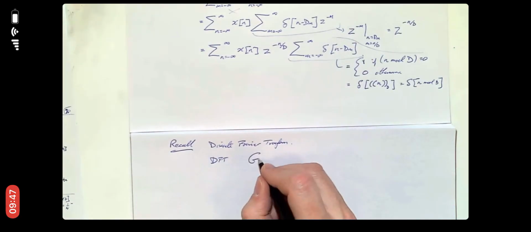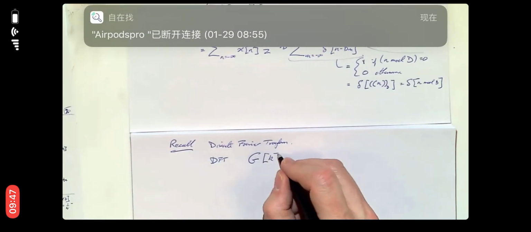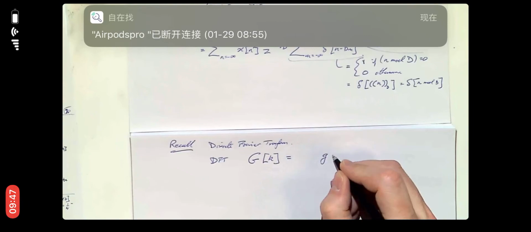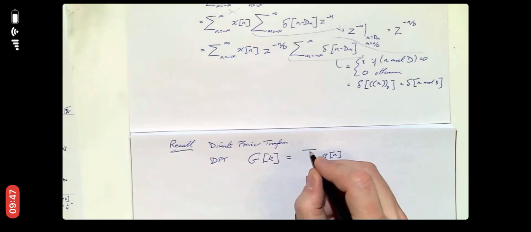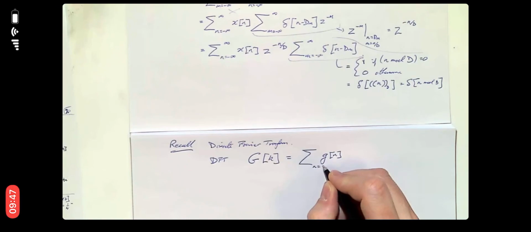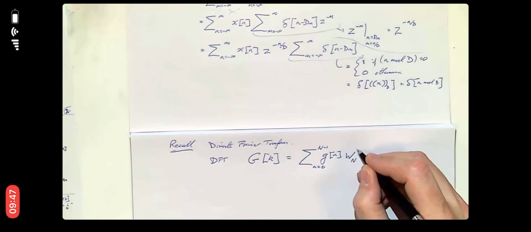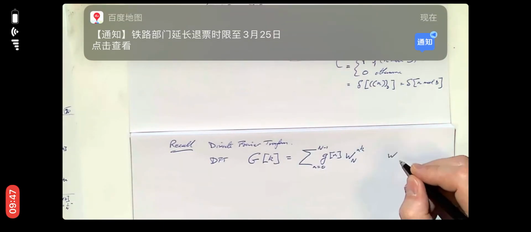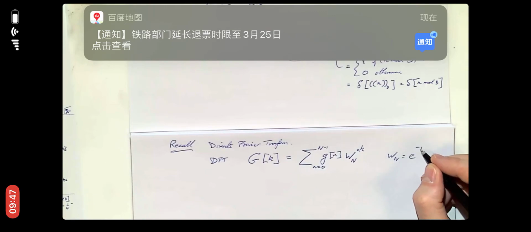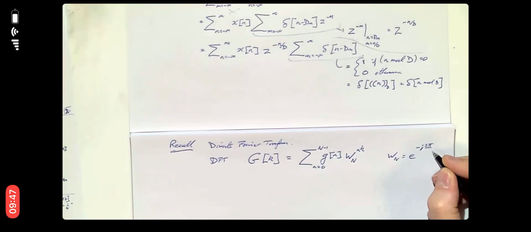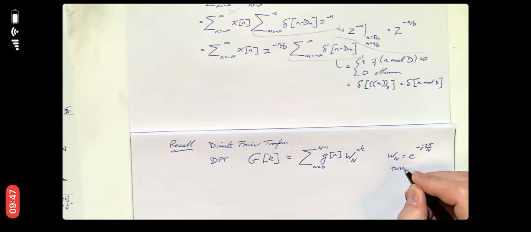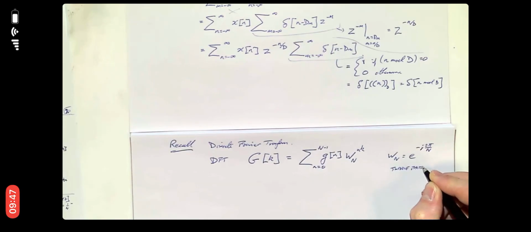The DFT, just write big G of k from some function g of n, is the sum from little n equals 0 to N minus 1 of g of n, W_N to the nk, where W_N is e to the minus j 2 pi over N. So this is our twiddle factor. We did this back when we were doing the discrete Fourier transform and the fast Fourier transform.